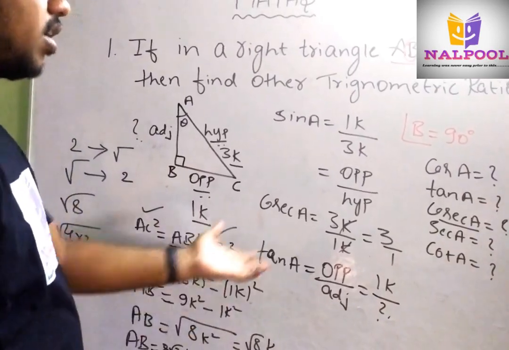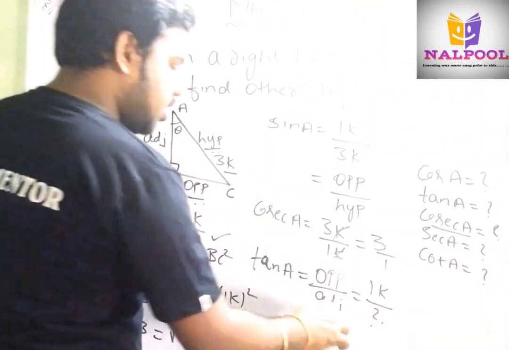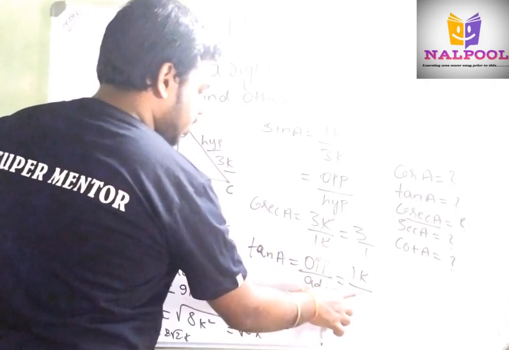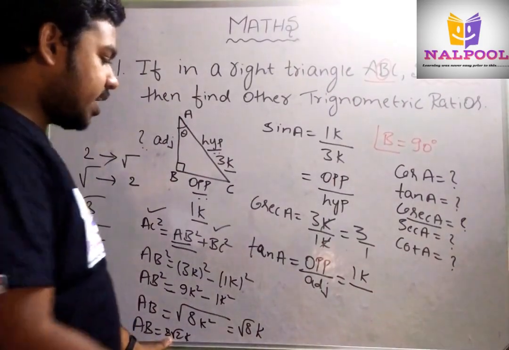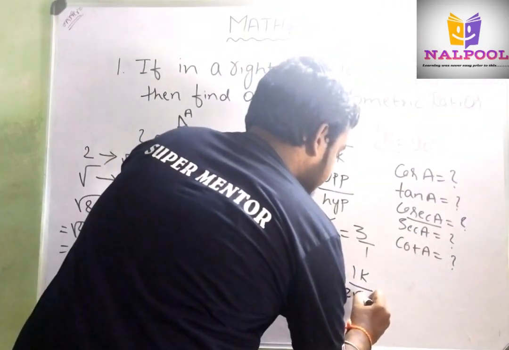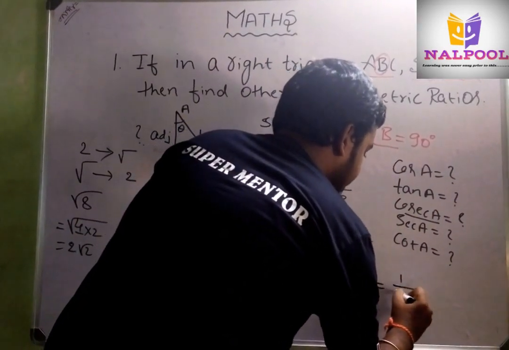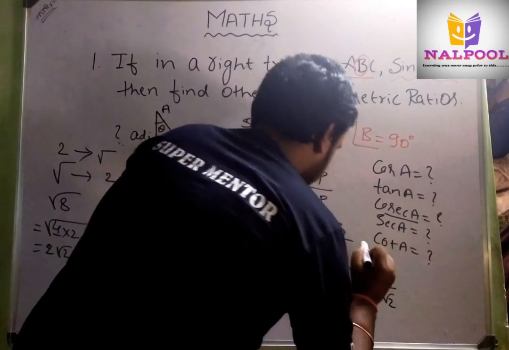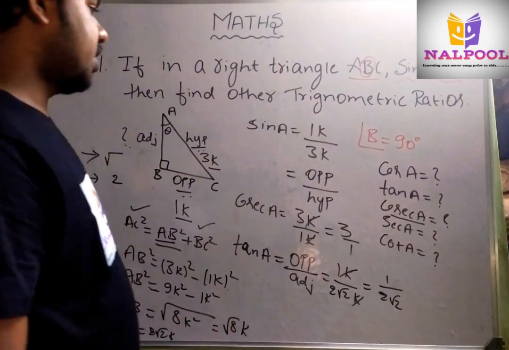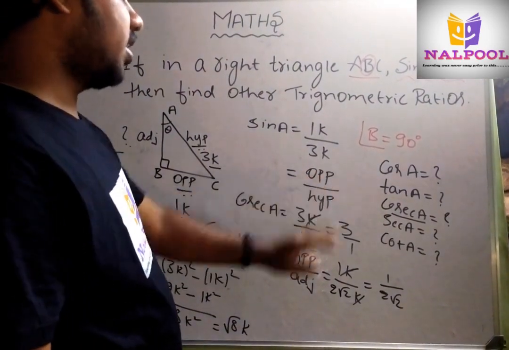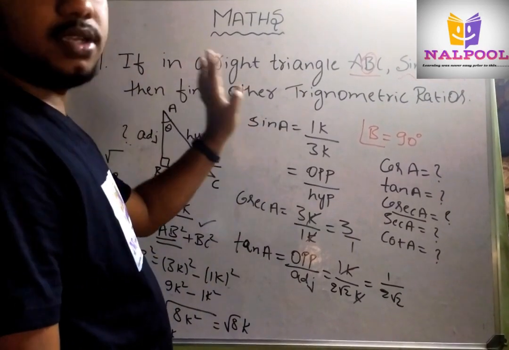We can easily find out all the trigonometric ratios. Adjacent side is how much? 2 root 2 k. K cancels. Ratio will be 1 by 2 root 2. Now I think you can find out the other ratios easily, because they are simply the reciprocals of others.